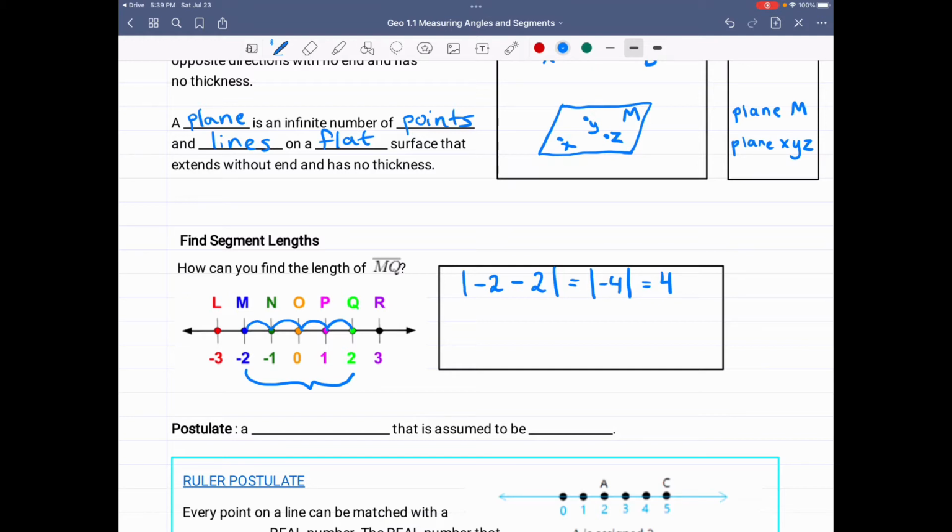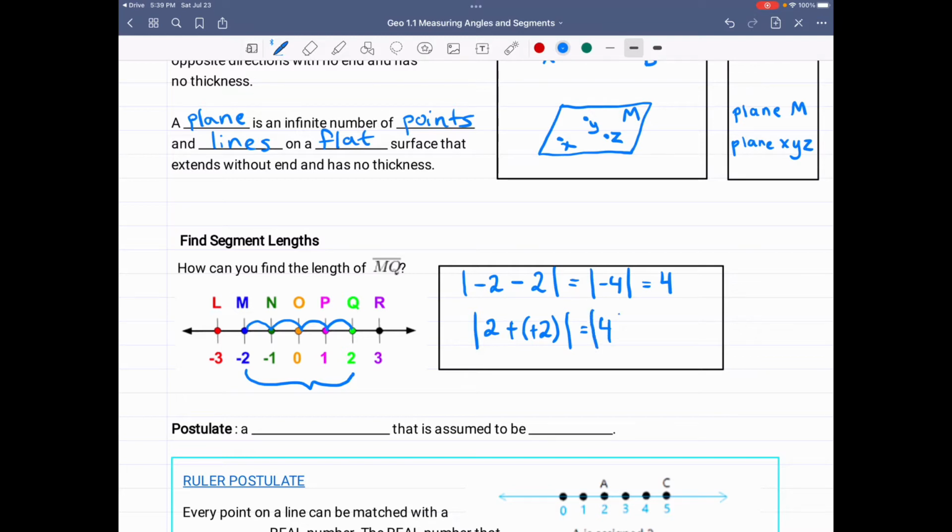You may think, well, could we do 2 minus -2 to find the distance? Yes, we'll put that in absolute values. And the minus and the negative become plus, and it becomes just 4.